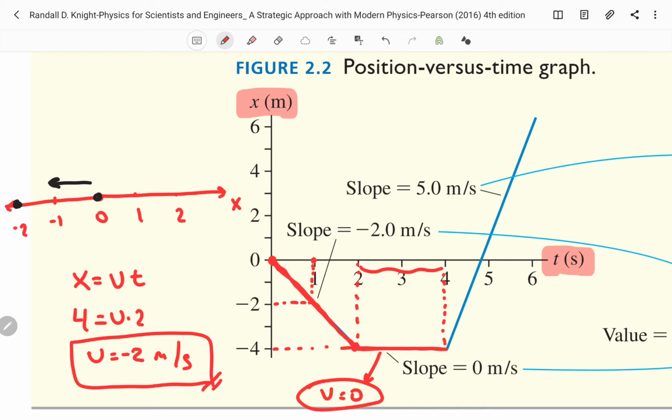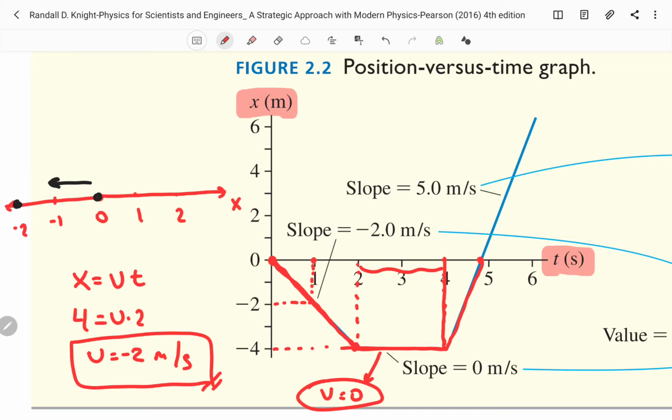Then after 4 seconds, what happens? At 5 seconds, position becomes 0 again. So at 4 seconds, position was -4. Approximately at 5 seconds, position becomes 0. What does it mean? 0 is to the right of -4 in terms of position.